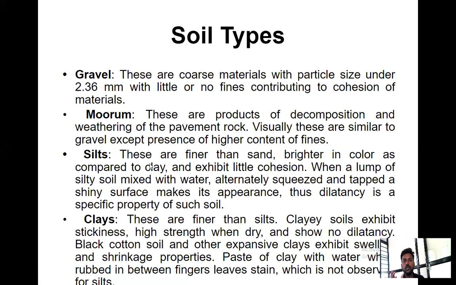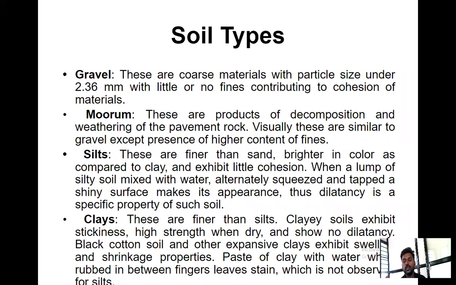The special characteristic of clay is what? It is black cotton soil, and it exhibits swelling and shrinkage property. What is the property of clay? It exhibits swelling and shrinkage, and it is due to the presence of different materials in black cotton soil.